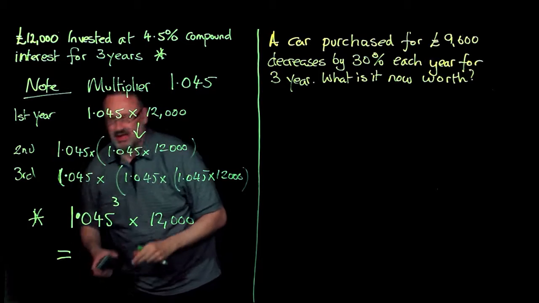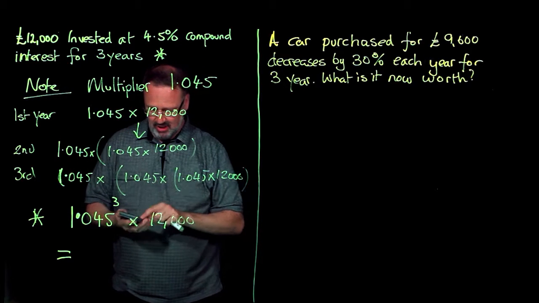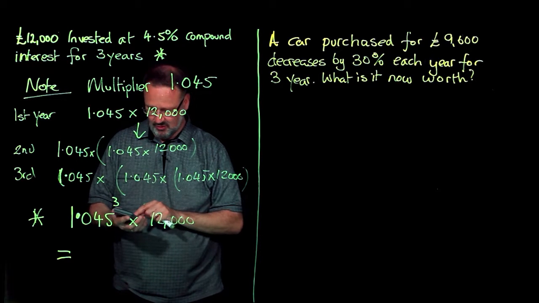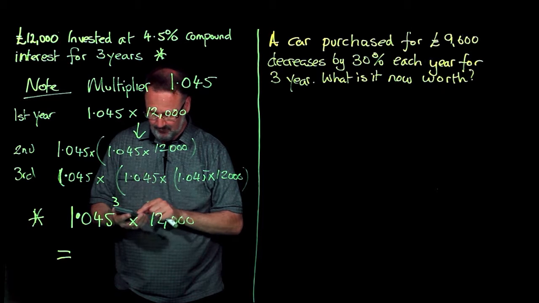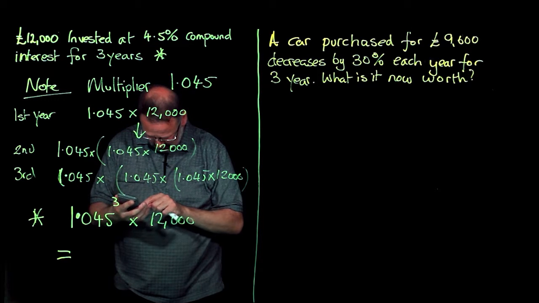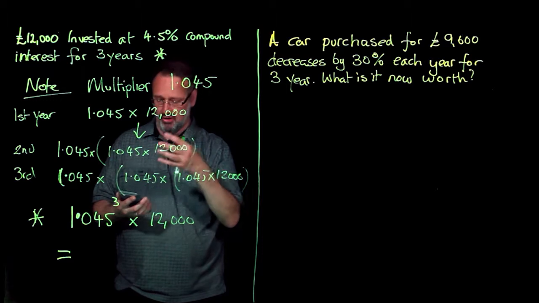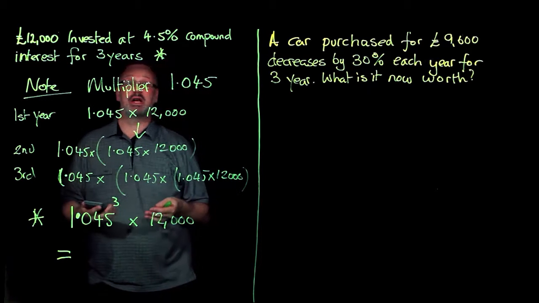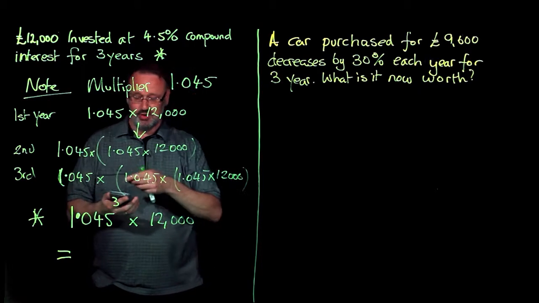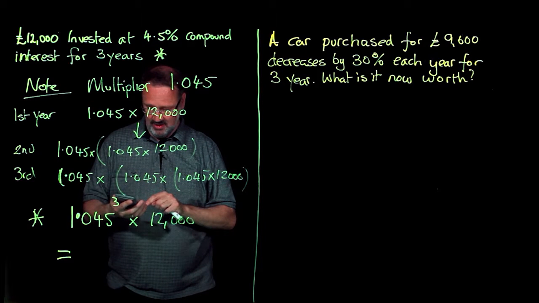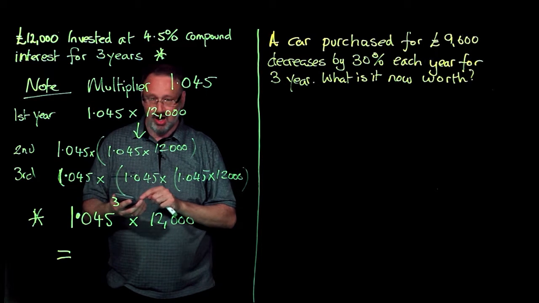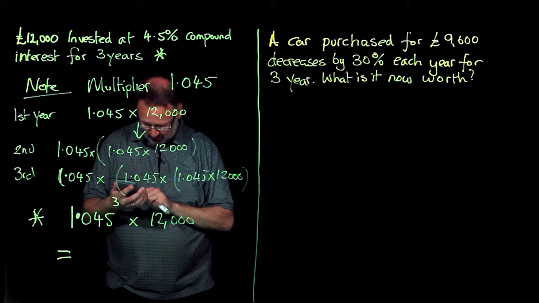Now, calculator time. On my calculator, I have 1.045 to the power of 3, and I have a little up arrow button, rather similar to what you might get on your computer at home. So I will go to the power of 3 times 12,000.